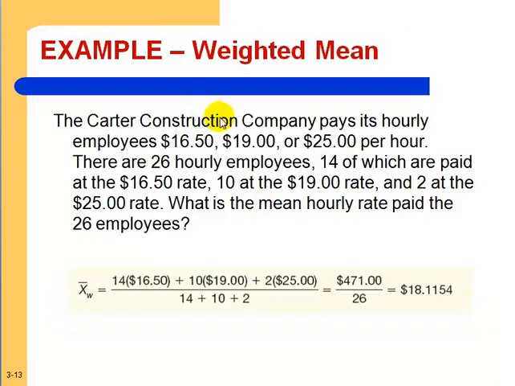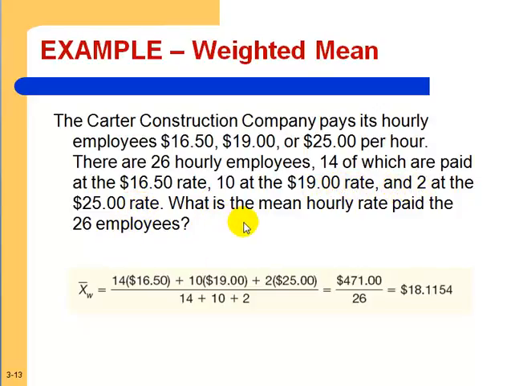This construction company pays its hourly employees $16.5, $19, or $25 per hour. There are 26 hourly employees, 14 of whom are paid at the 16.5 rate, 10 at the $19 rate, and 2 at the $25 rate.